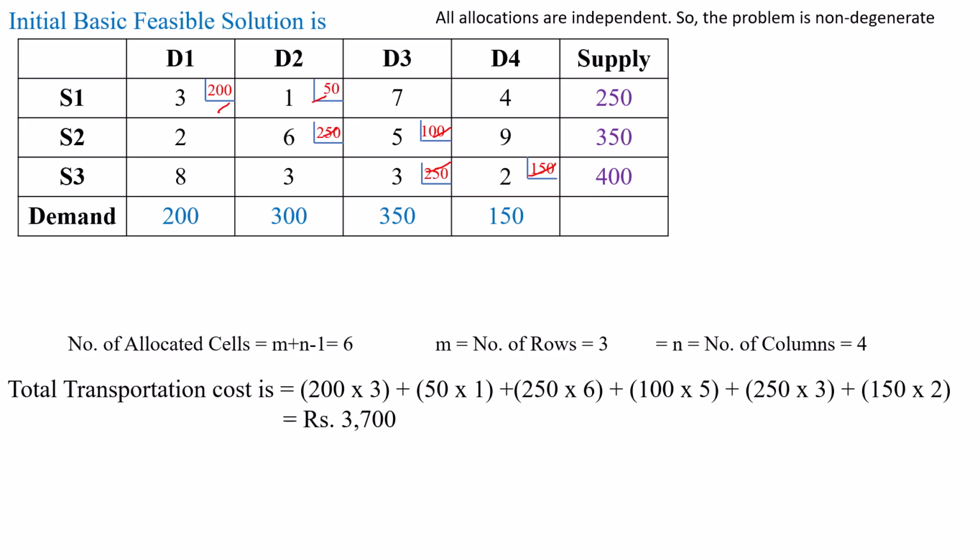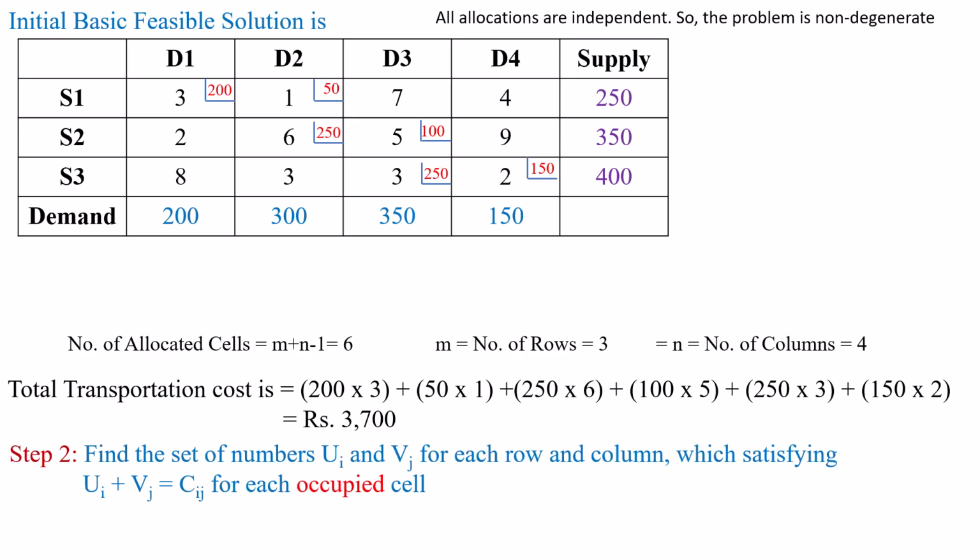And the total transportation cost becomes 200 into 3 plus 50 into 1 plus 250 into 6 plus 100 into 5 plus 250 into 3 plus 150 into 2. So the total transportation cost is 3,700 rupees.